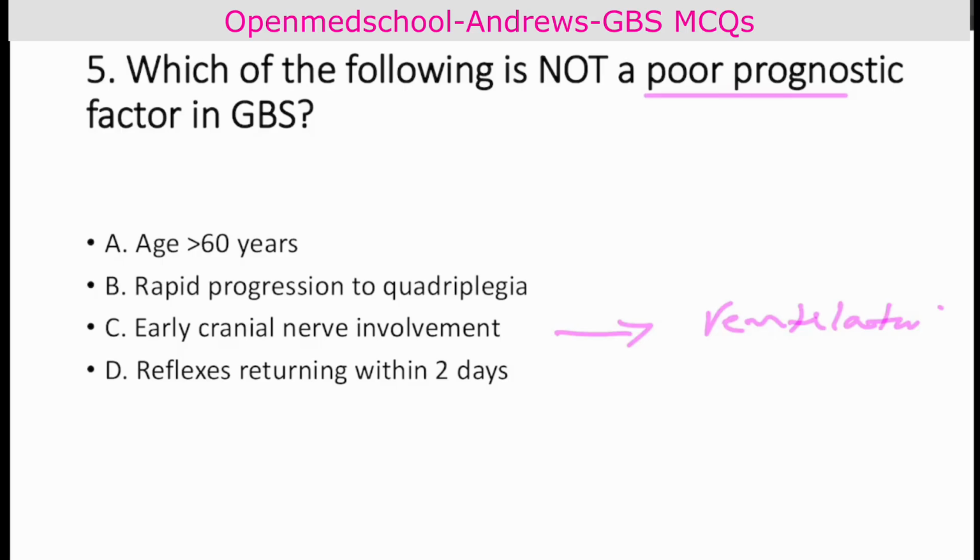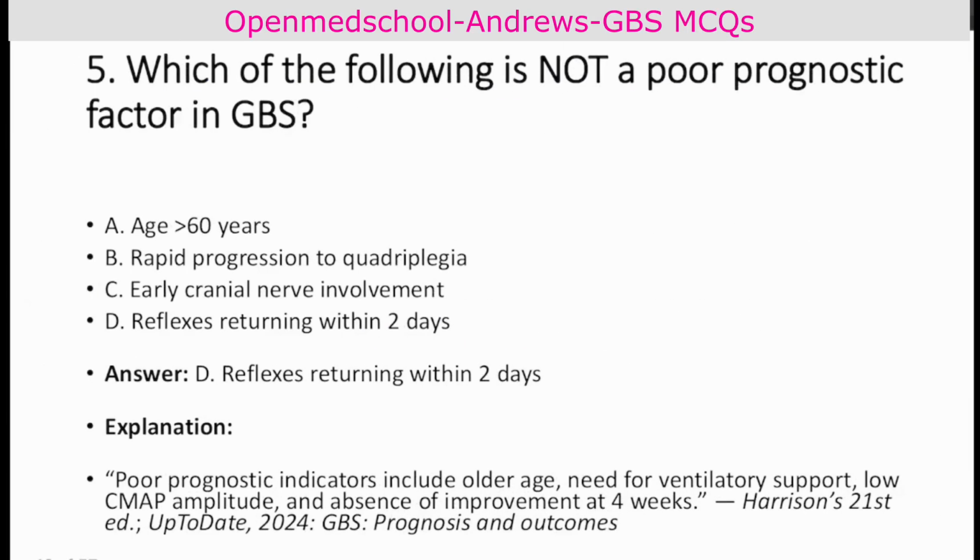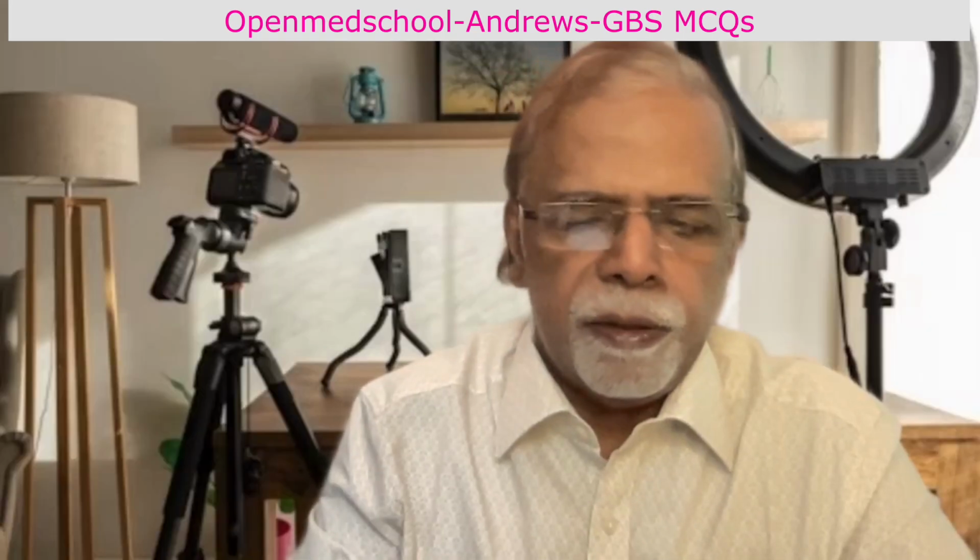Reflexes returning within 2 days. So what is the correct answer? Reflexes returning within 2 days. So age is a poor prognosis. Rapid progression is poor prognosis. Early cranial nerve involvement is poor prognosis. We have already discussed these things in detail earlier.